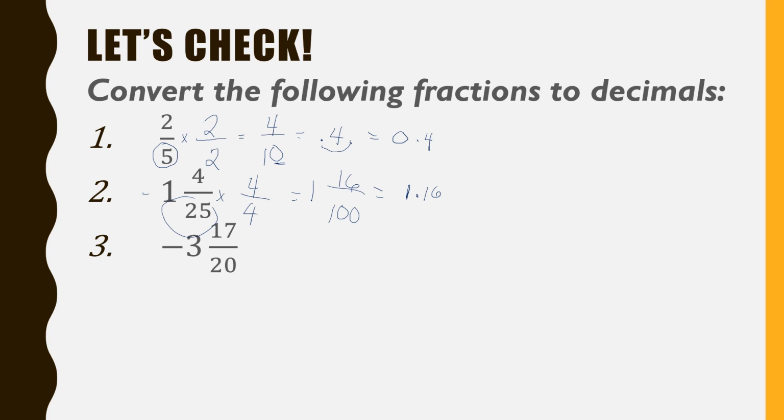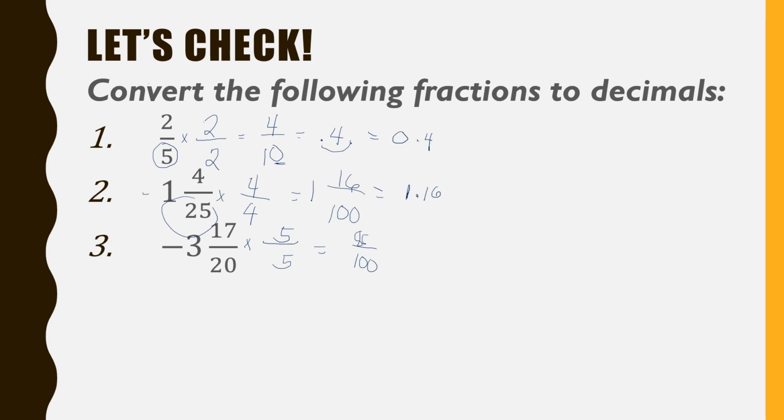Number 3, so we have here negative 3 and 17 over 20. We could multiply 5 to the denominator to get 100. And we will also multiply that with our numerator. So 17 times 5 is equal to 85.